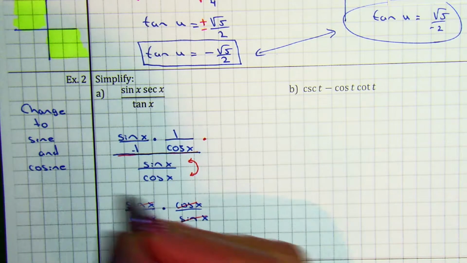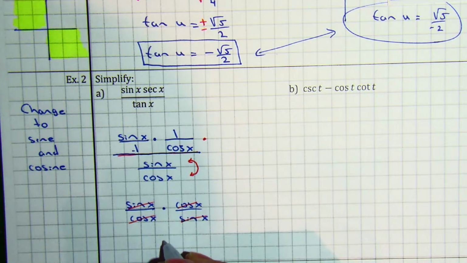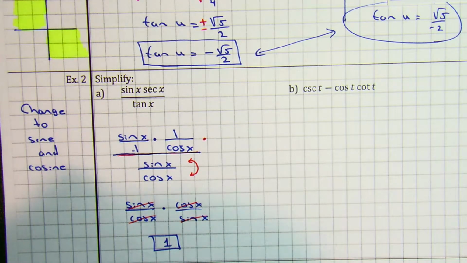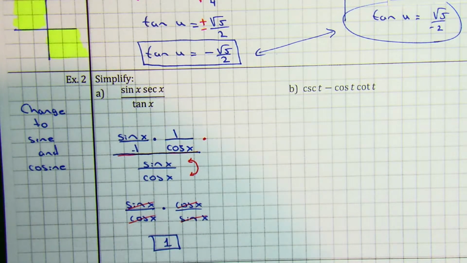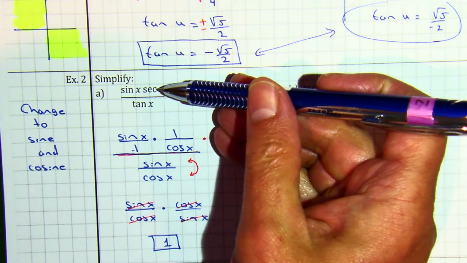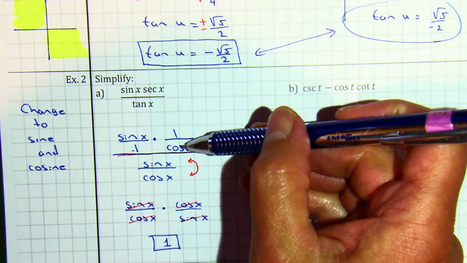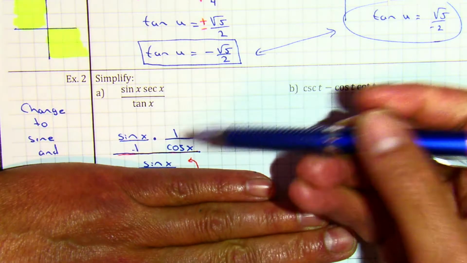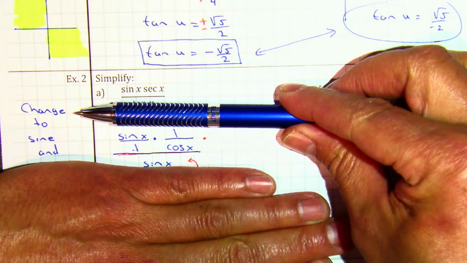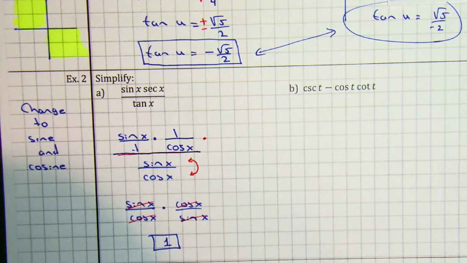This cancels, so we end up with 1. So we simplified it. Remember, the first strategy that we have is to change everything to sine and cosine. And one of the things that you have to be careful about is whenever you change secant to 1 over cosine, you want to make sure you keep your sign on the numerator as part of that section. And you can place a 1 underneath to make fewer errors.